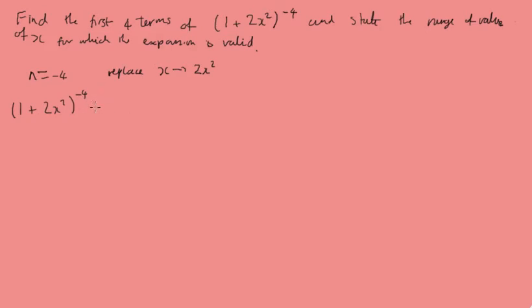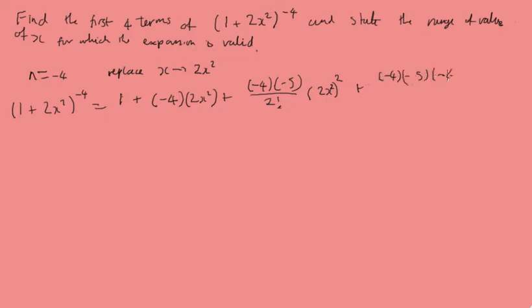I'm not going to write out the whole expansion again, so we'd have 1 plus, n is minus 4, and our x is 2x squared, plus, n again minus 4, n minus 1 is minus 5, over 2 factorial, and then we have 2x squared, all squared, plus minus 4, minus 5, minus 6 over 3 factorial, then we've got 2x squared, and that's going to be cubed.